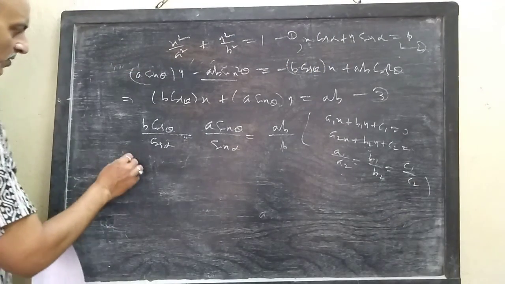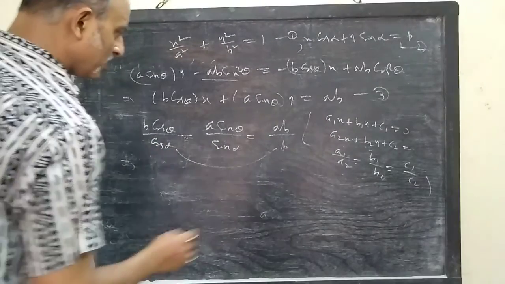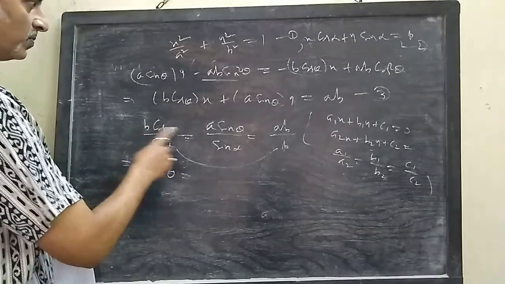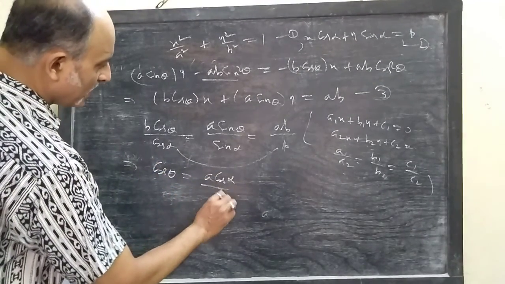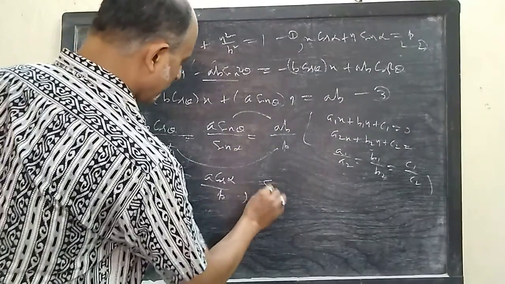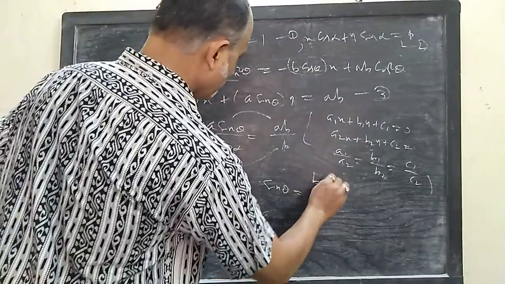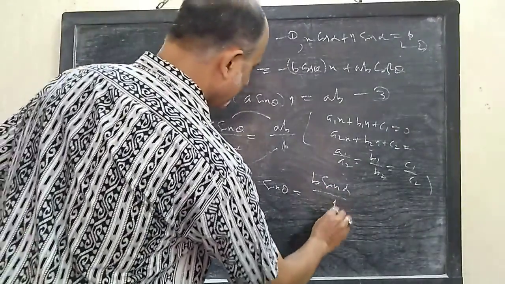So from this we find, equate these two results, you find cos theta is equals to a cos alpha by p, and equating these two you find sin theta is equals to b sin alpha by p.